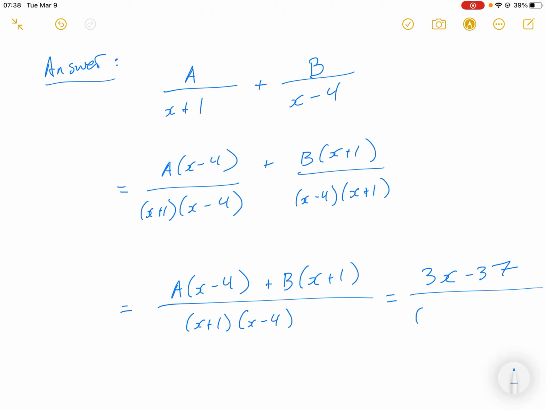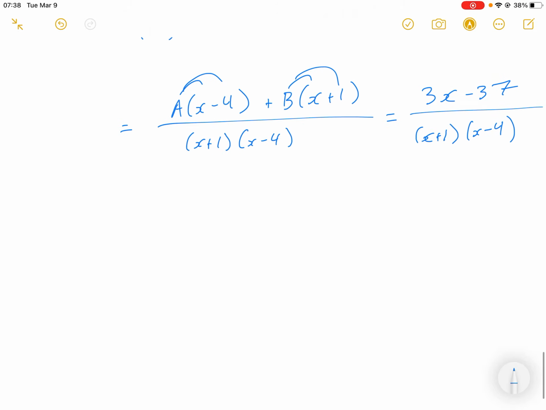I know that the numerator has to equal 3x minus 37. The denominators are already equivalent, so I don't really care about those anymore. So let's go ahead and now distribute. And so what I end up with, let's sort of ignore the denominator for a moment, I end up with Ax minus 4A plus Bx plus B times 1. And I know this has to equal 3x minus 37.